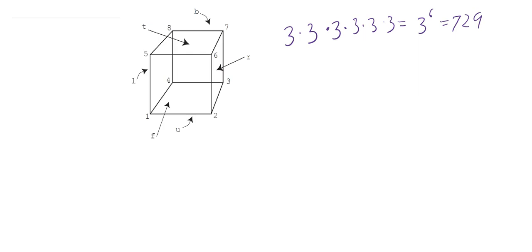Okay, so first off, we need to think about all the different ways we could rotate this cube in space. Forgetting about color, just how many ways we could rotate it in space. Right, we could take this cube and we could spin it about an axis of rotation that passes through the center of T and U. And we could rotate it 90 degrees clockwise about that axis of rotation.